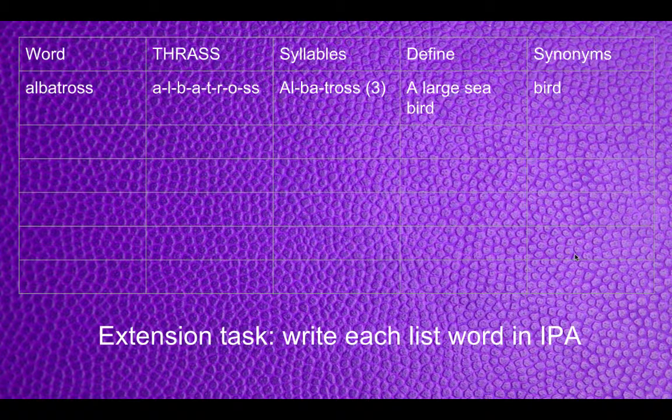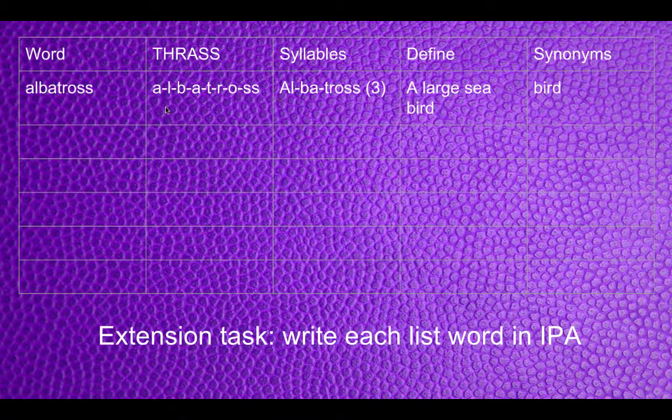Now, I have done the first one for you because I'm very nice. I have shown you that I've recorded the word albatross and we have thrashed it out. Now, I find that putting a dot or a dash in between the individual phoneme sounds, which is what we do when we thrash out a word, is easier than when people sometimes do a slash.